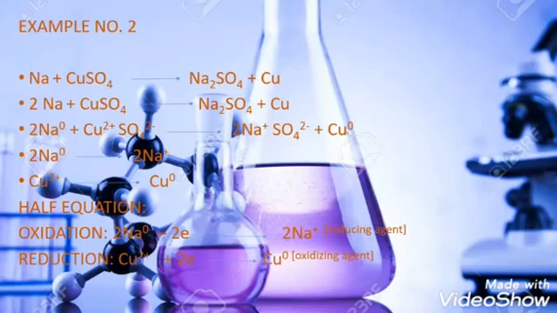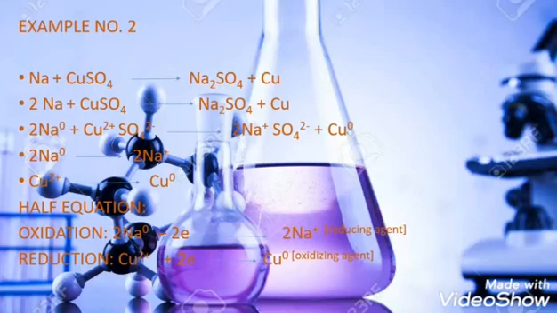The half equation for reduction would be Cu +2 plus 2 electrons to give you Cu neutral. Again, where did I get the 2 electrons? I have one atom of copper and it has a charge of +2. So 1 times 2 is 2.